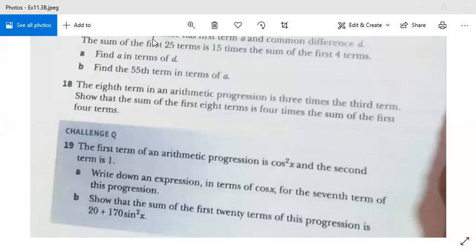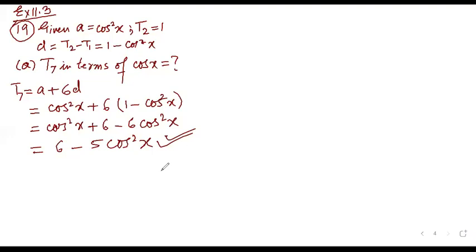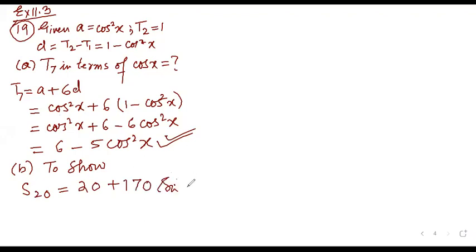Okay, so in part B, we have to show that the sum of 20 terms, S20, is equal to 20 plus 170 sine square x. This is what we have to show. So now we do this.